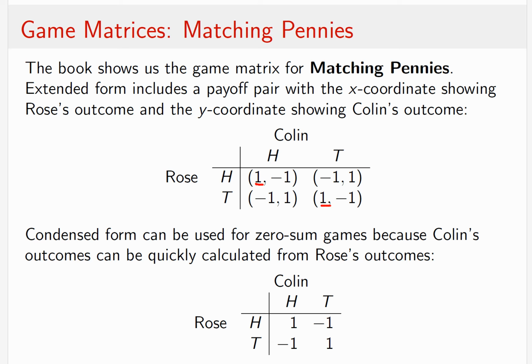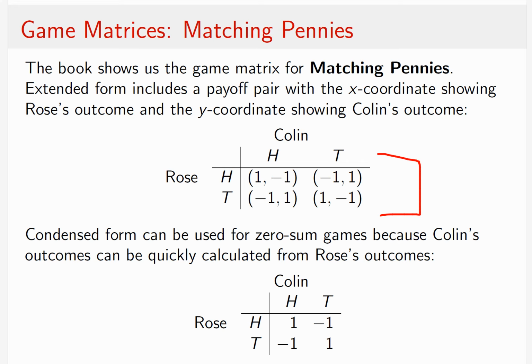And heads, tails is -1 to the row player. So Rose is winning when the coins match, they're both heads or both tails. And if they're opposite outcomes, one heads, one tails, then Colin wins. We will use this setup a lot more later in the course. This is the extended form that shows the payouts for Rose and Colin both as XY coordinate pairs.